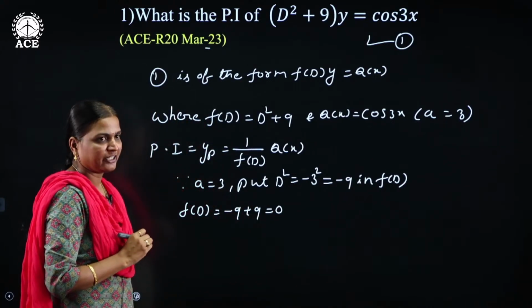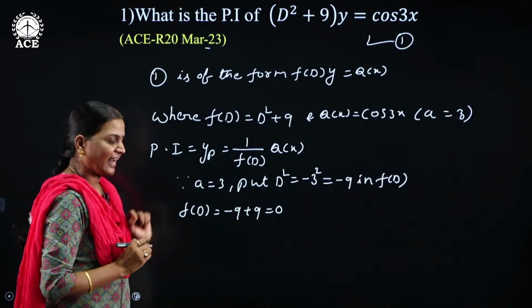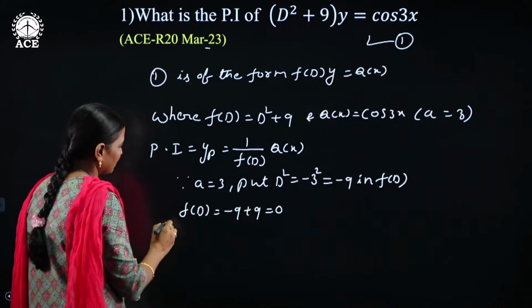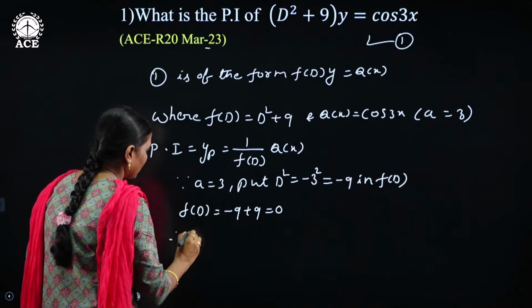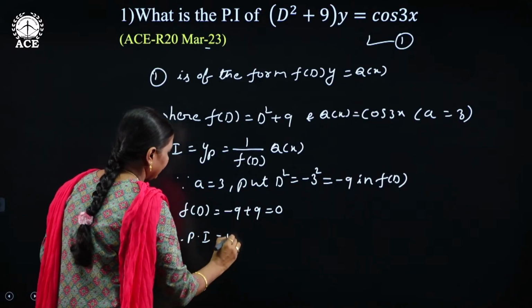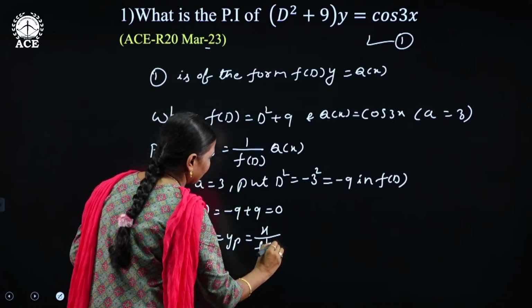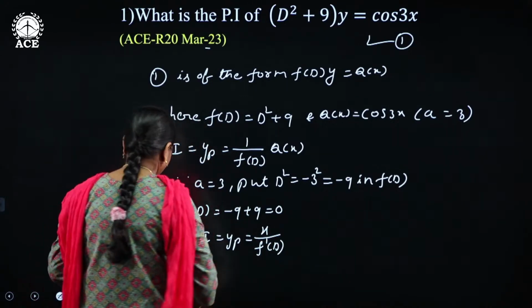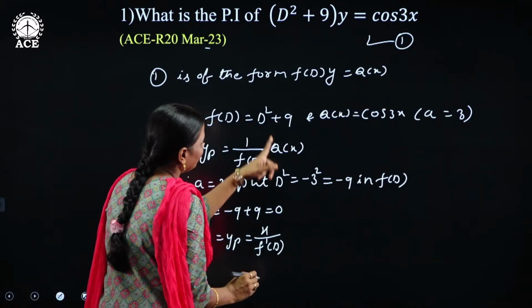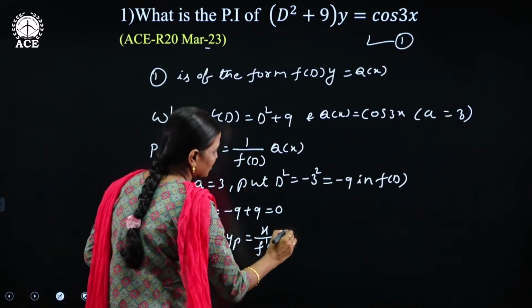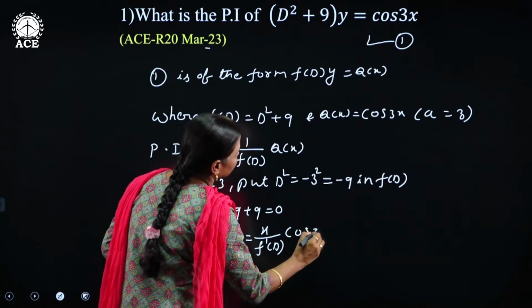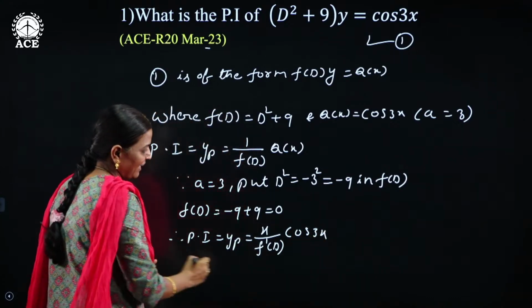This condition is important. So when the functional value is equal to 0, what is the particular integral? Therefore, the particular integral yp is equal to x by f dash of d, or x by f dash of minus a square. But here we have only one d square, so x by f dash of d into cos 3x. What is the f dash of d?